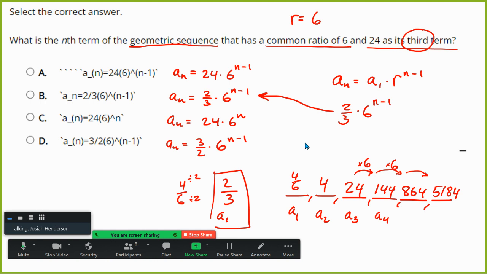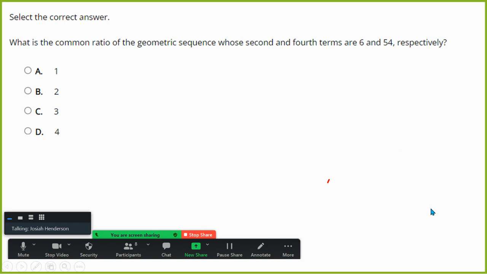Okay, so we'll do some more examples of geometric stuff. This is just geometric problems. What is the common ratio of the geometric sequence whose second and fourth terms are 6 and 54? Interesting. So they're telling us this is the second term and the fourth term.